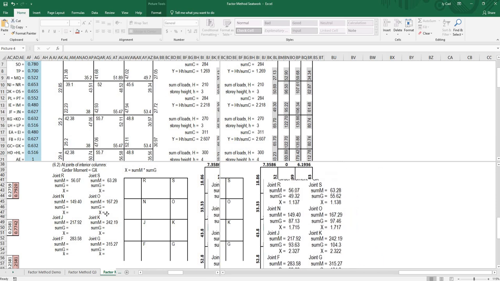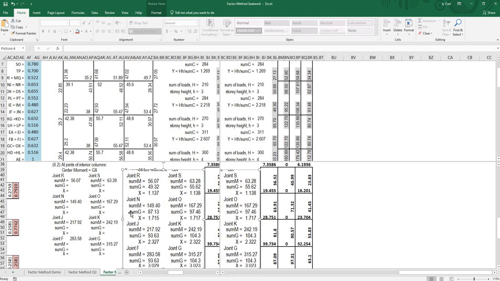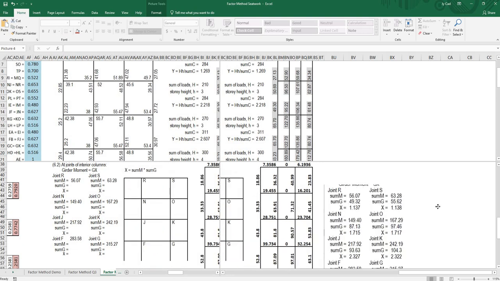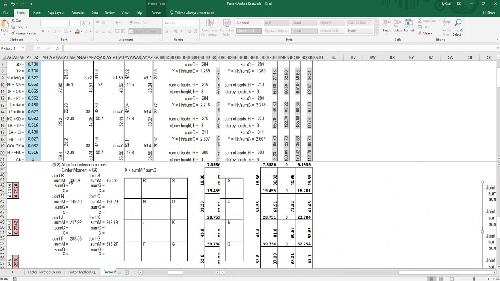Compare ko lang. 56, 63, 149, 167, 217, 242, 283, 315 hanggang 7. Okay, correct.